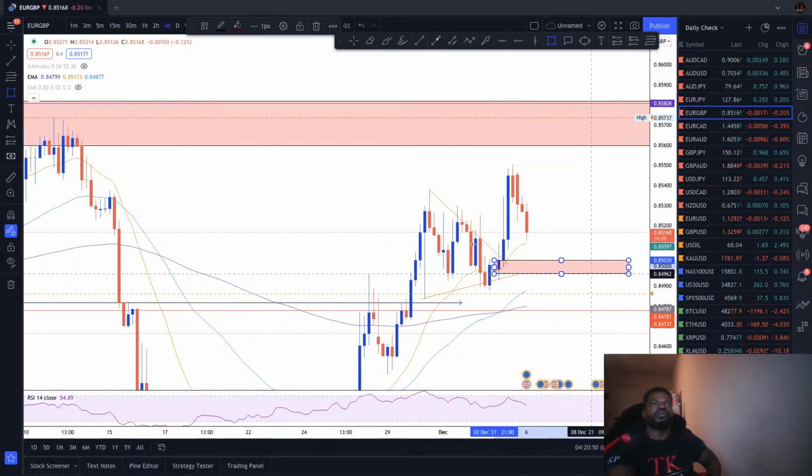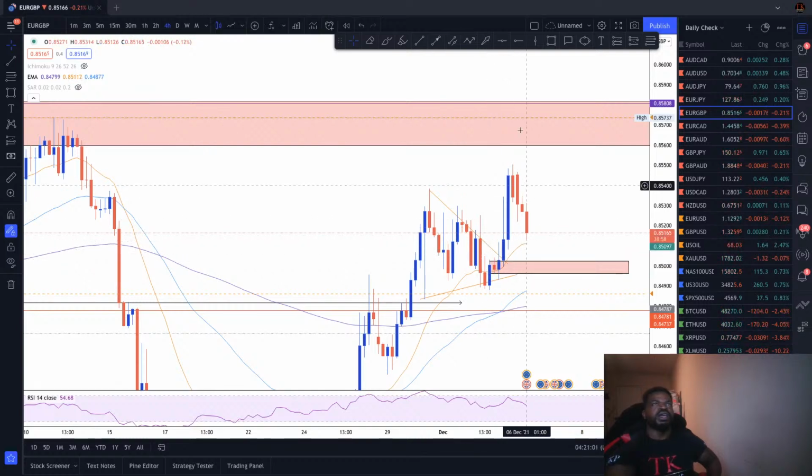So price could pull back to retest this area where you have to break in the bull flag, or it could reject off this 20-day EMA.